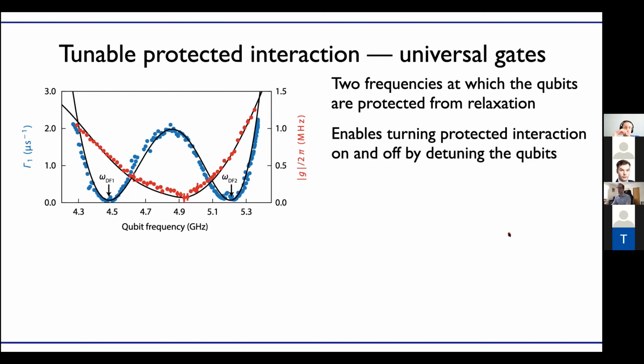So that means we can now turn this protected interaction on and off while keeping the qubits protected all the time. If we want to turn the interaction on, we put both qubits at the same protected frequency. If we want to turn the interaction off but keep the qubits protected, we put one at each of these frequencies, so they are off resonance with each other.